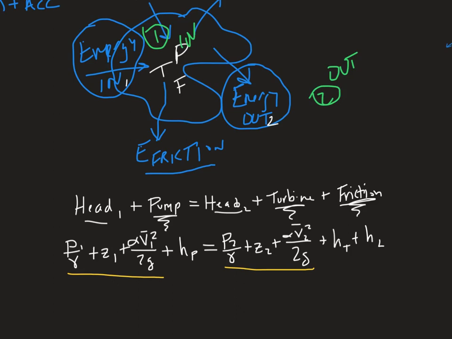You see the two terms that look like Bernoulli, but they're a little bit different because they've got a little alpha in there. Here's the alpha. And they've also got a bar over the V. The line over the V stands for the average velocity. There's a reason for that: when we did Bernoulli, we just took 2 points on a line, so there was only one velocity that mattered.